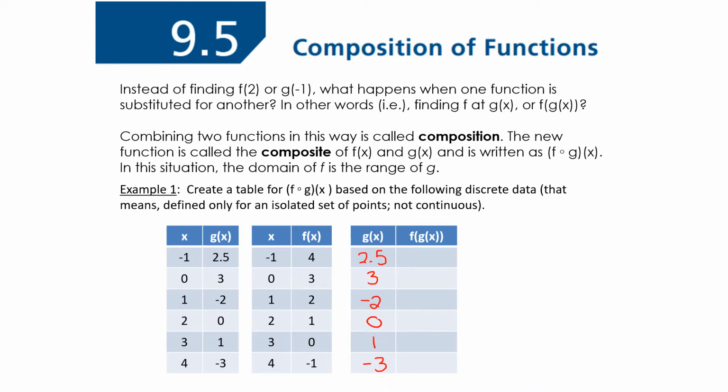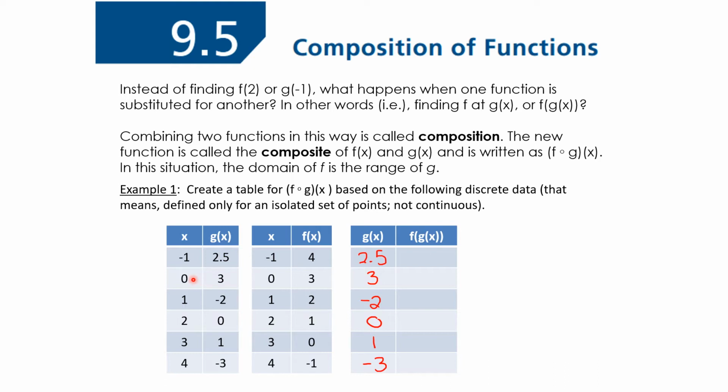So I'm taking some values from my first set of relationships. When x was -1, g at x was 2.5. Now when g at x was 2.5, what's f at x? Or equivalently for any of these here. Let's start with this one here. When x was 0, g at x was 3. Now we go to the other function and we look for this 3 in this column.